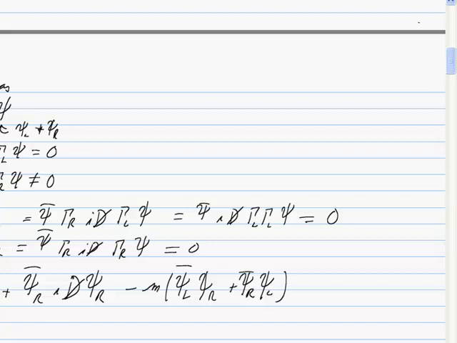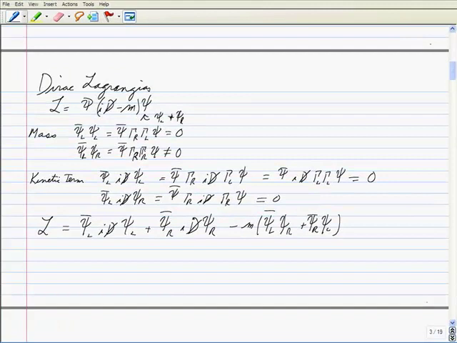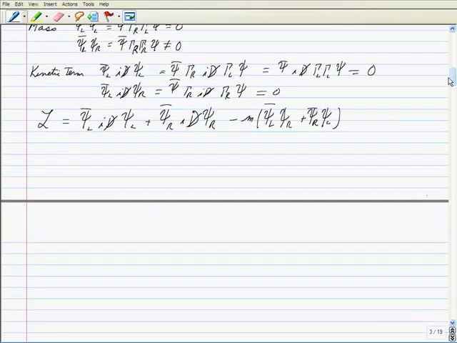So the mass term mixes left and right, but if the mass term were 0, then the left and rights are separate. Those little facts are important.